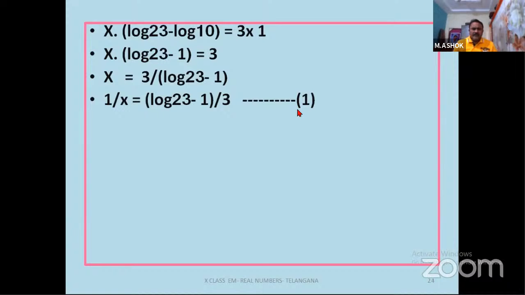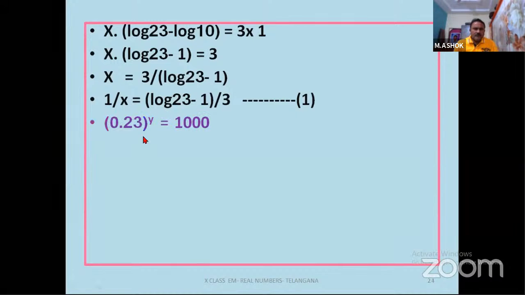In the same way, you have to find the value of 1 by y. How? Look at here, 0.23 to the power of y is equals to 1000. Okay. So next step, what is the next step? You have to write the fraction form of this one.